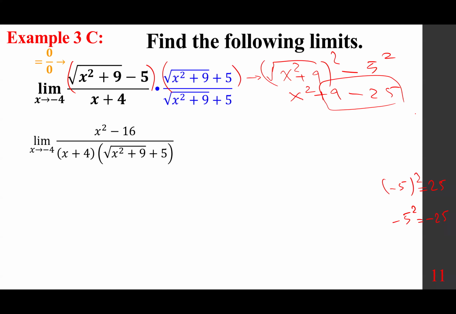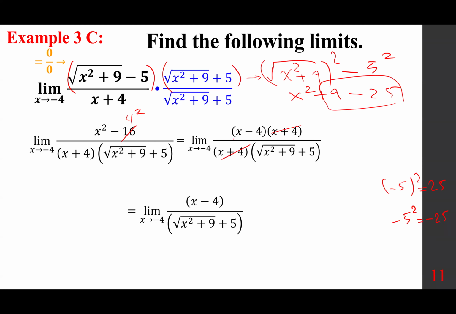Clearly, the numerator is x squared minus 4 squared, which can be factored into x minus 4 times x plus 4. We can drop the common factor of x plus 4 from the top and the bottom.